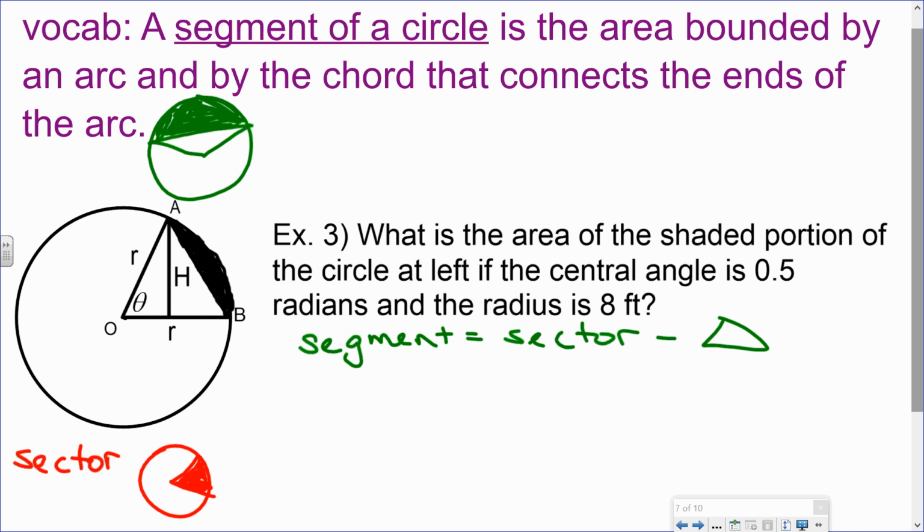And Kay correctly remembered that in general, for sectors, we do how many degrees we have out of 360 times pi r squared. Except this isn't degrees. This is radians. So how am I going to get the area of that piece of pie when I'm given it in radians?